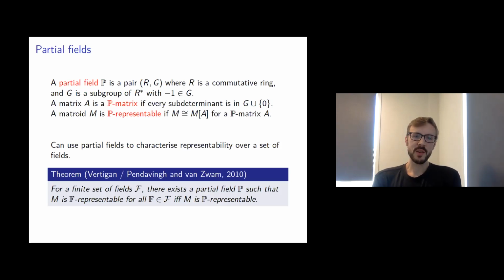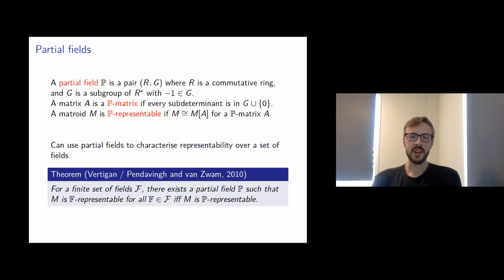So partial fields are a more general algebraic structure than just fields. And so we can use them to capture something that you can't necessarily capture when you just look at representability over a field. So you might be able to capture, for example, in fact, you can capture representability over a set of fields.